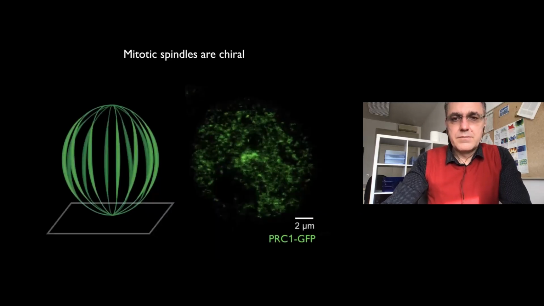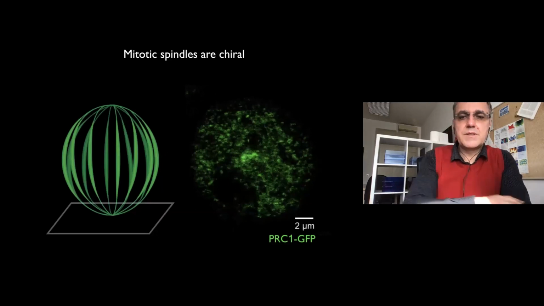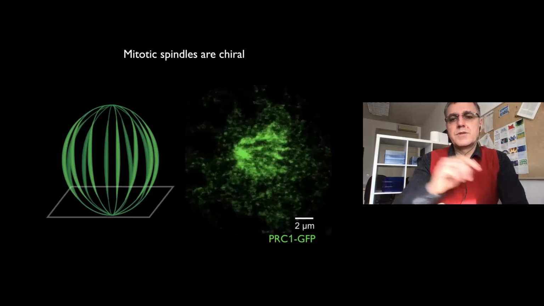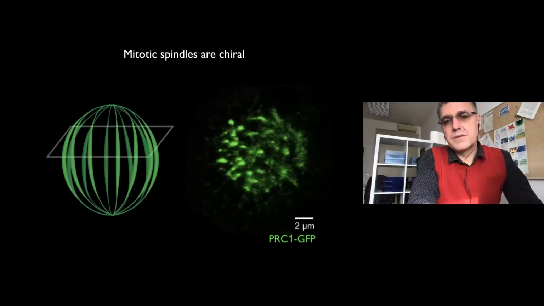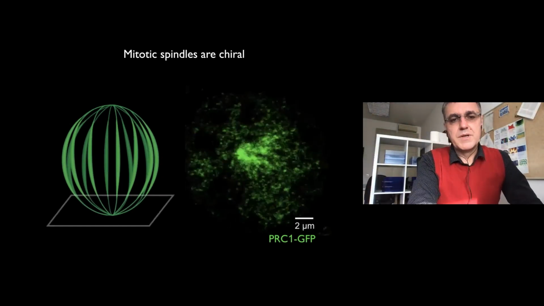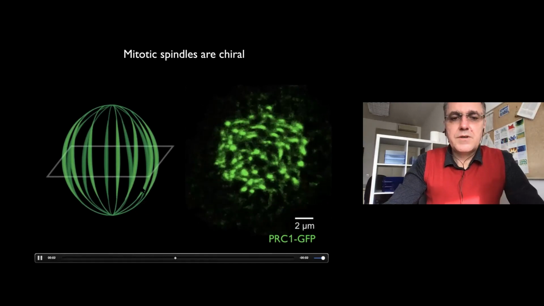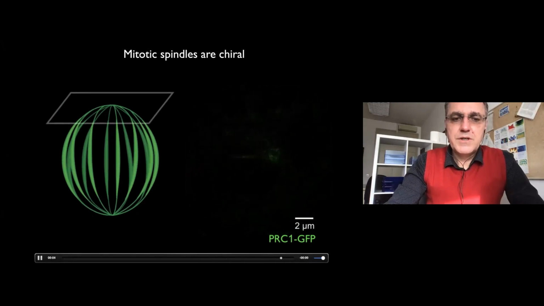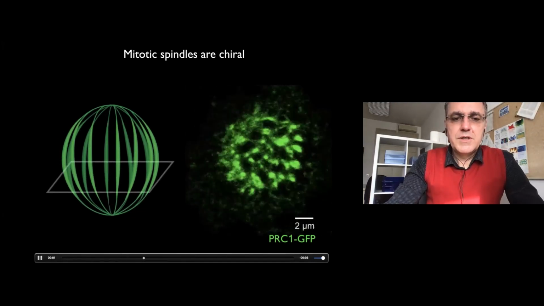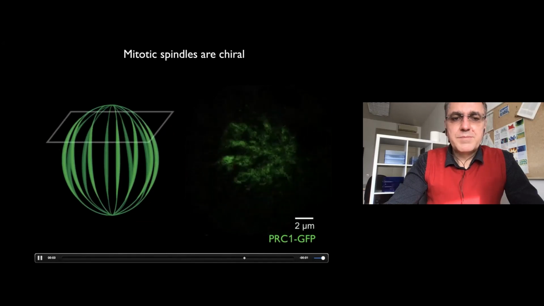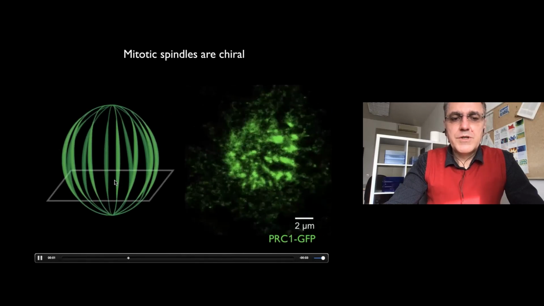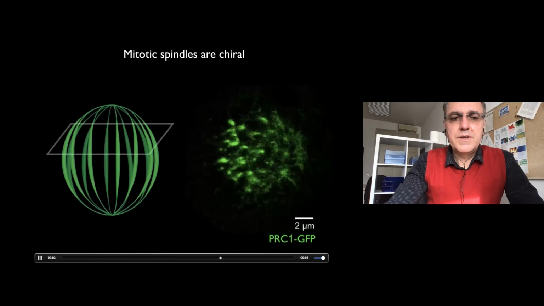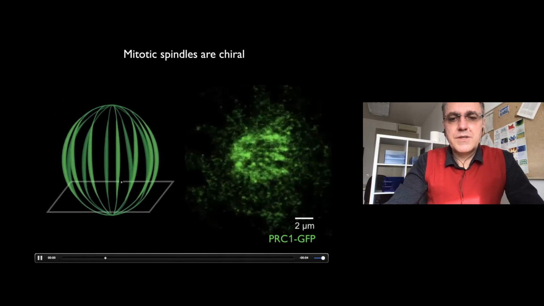And the question was, maybe these rotational forces are not so either-or, maybe they're three-dimensional rotational forces, and maybe this spindle has a three-dimensional shape. What we did in this imaging is that we imaged now in the vertical spindle, meaning our imaging plane is going along these cross sections.